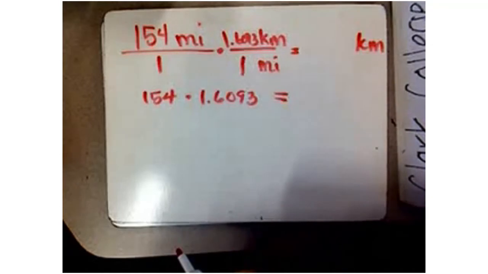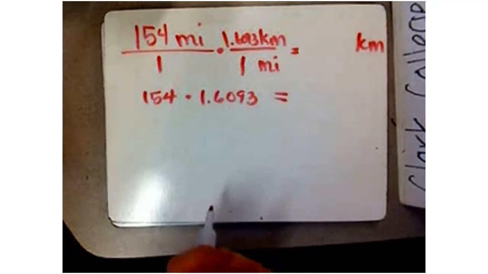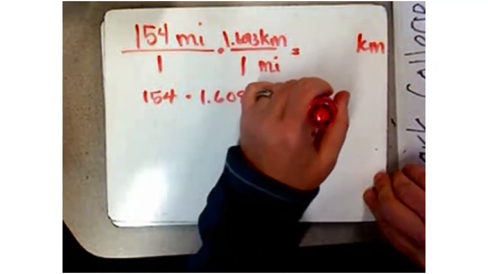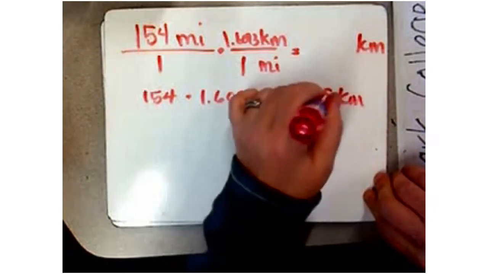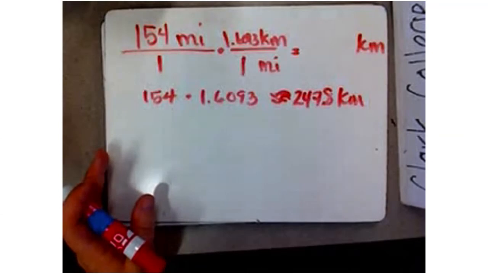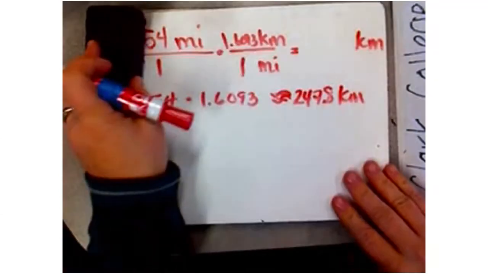It probably didn't say to round, but we could just default to the tenths place for now, and so that would be approximately 247.8 kilometers. We default to the tenths place unless it says to round to a certain place otherwise. All right, so it's just a bridging technique, but using your chart.